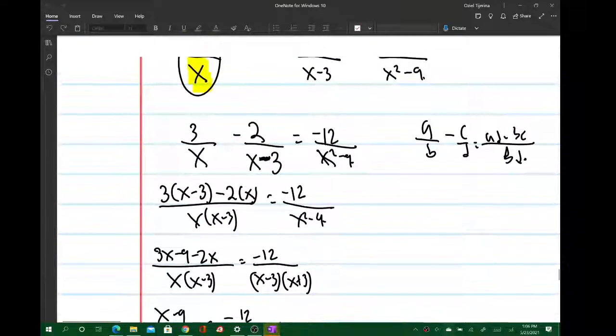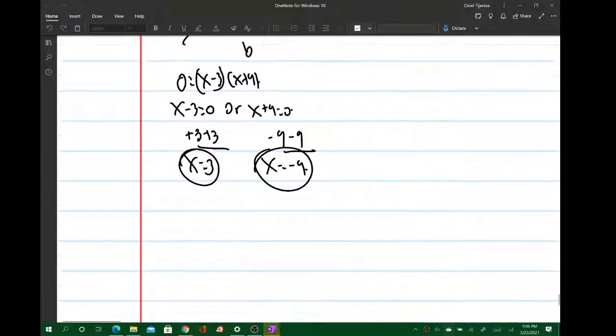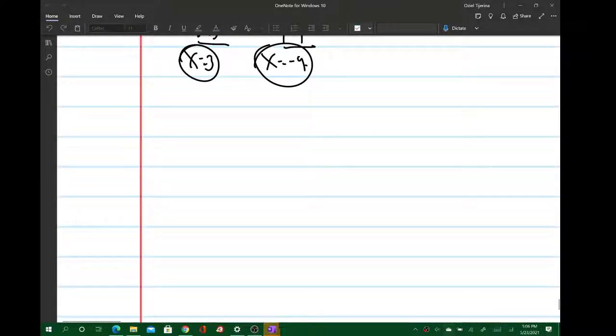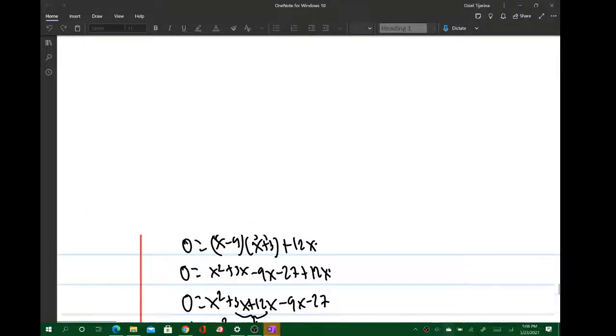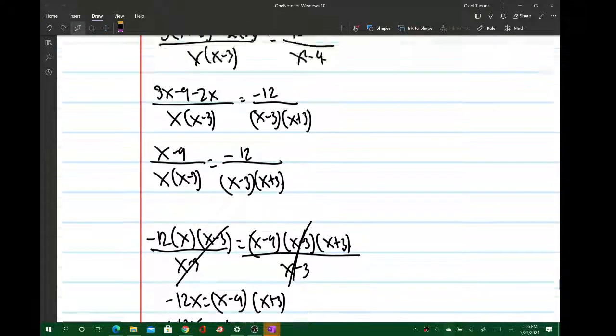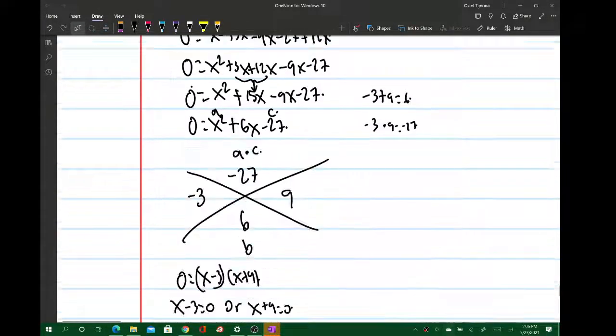We want to check our solutions. We have 3 over x minus 2 over x minus 3 is equal to negative 12 over x squared minus 9.